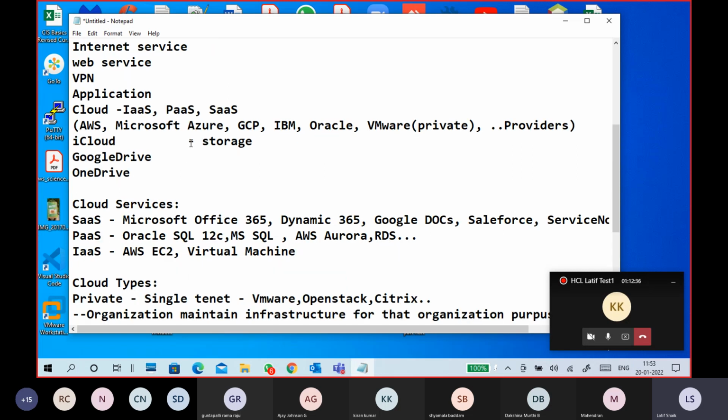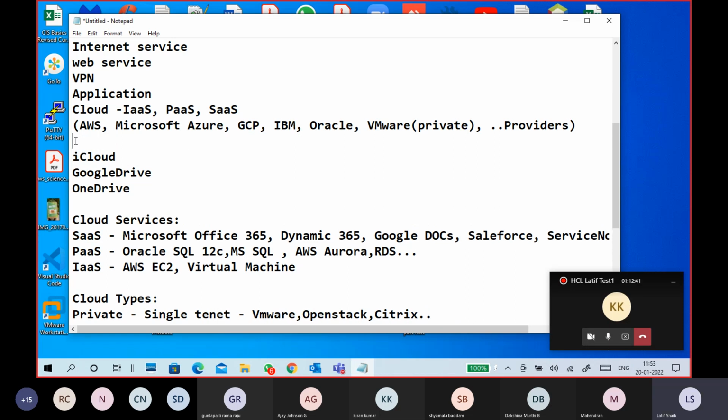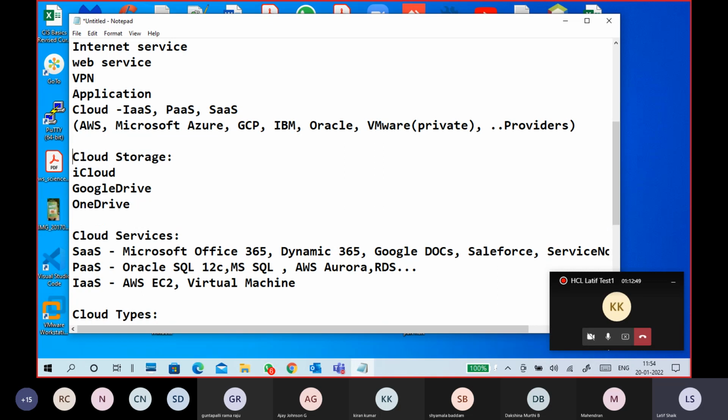When it comes to cloud storage, guys, never say cloud means storage.